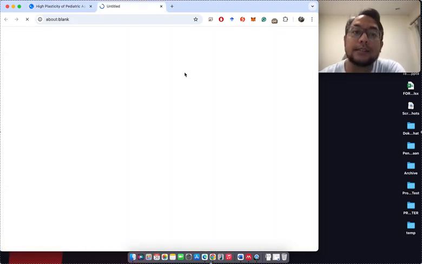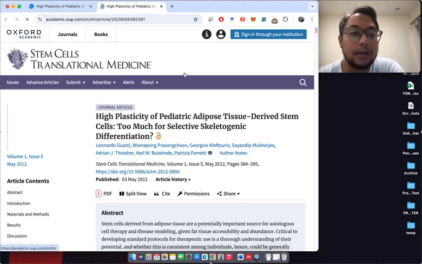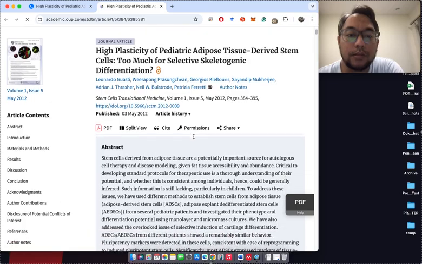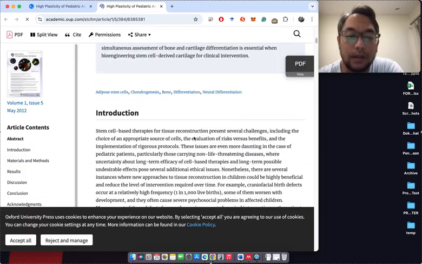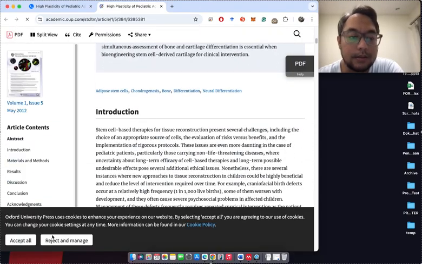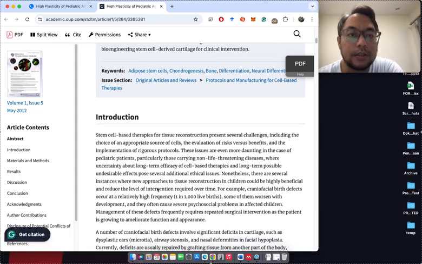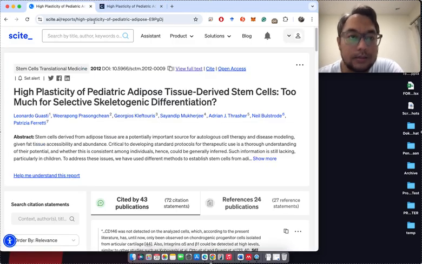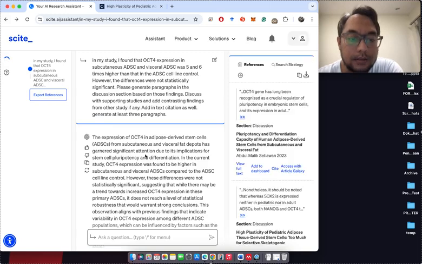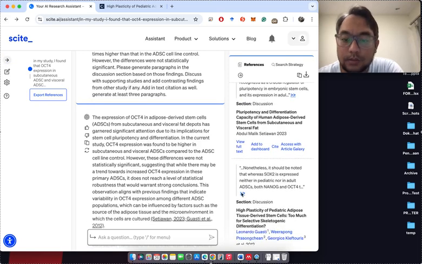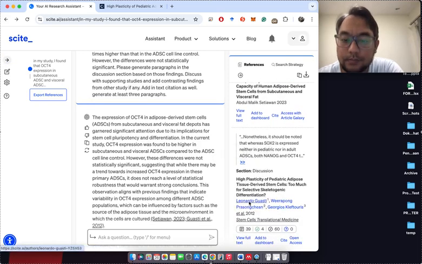If it is open access, it will be opened for us, but if it's not, we have to download it with another method. Look, what are they citing? It was from Guasti.